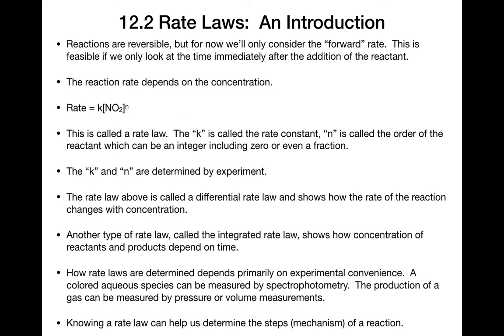So let's introduce rate laws here. Reactions are actually reversible, and we are going to see that in our next chapter as we start equilibrium. But for the sake of this discussion, we would rather only consider the forward rate, or the rate in one direction. This would be feasible if you started with only reactant.